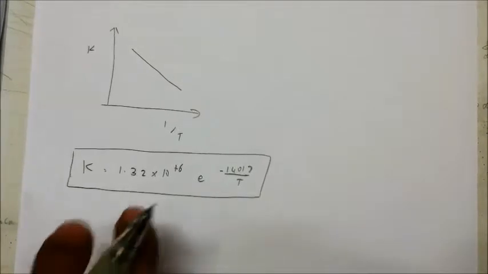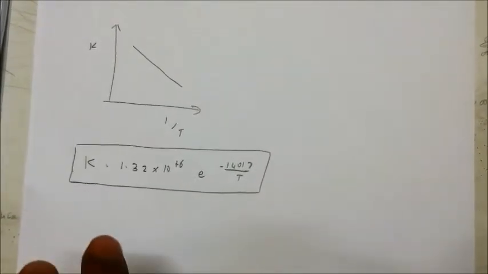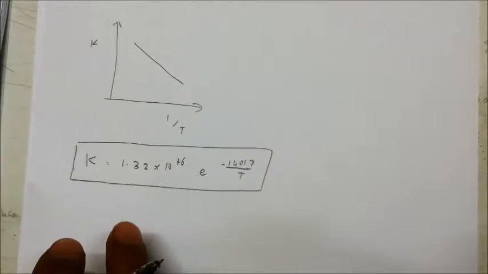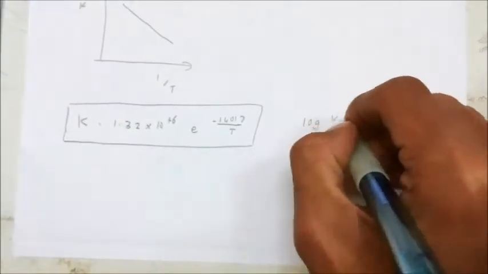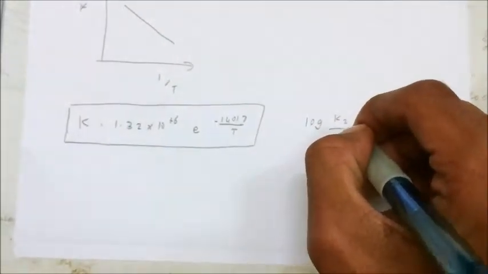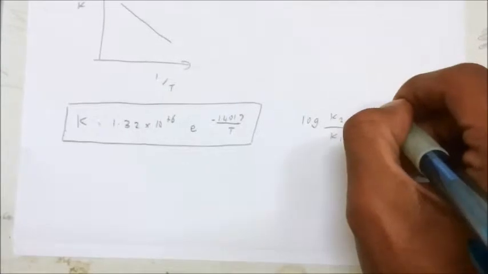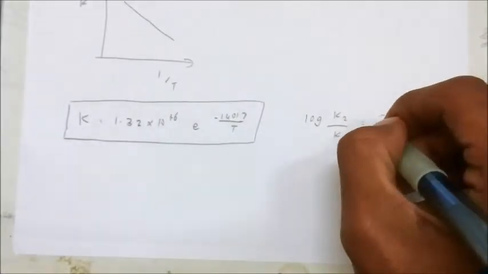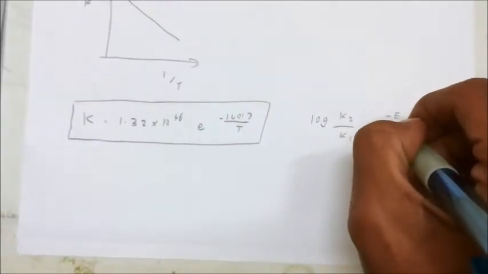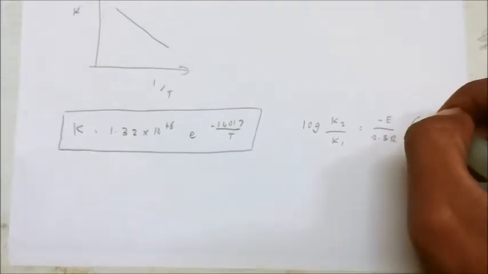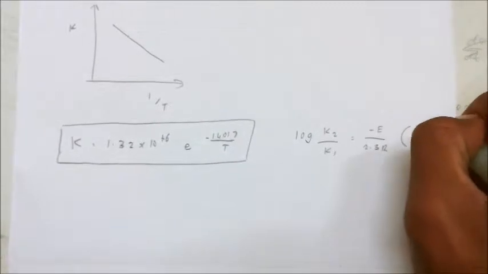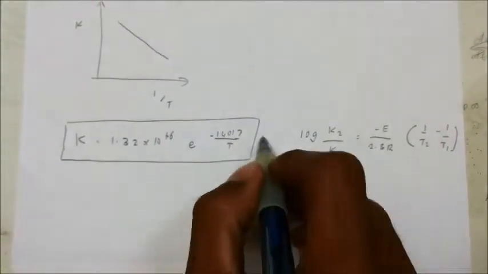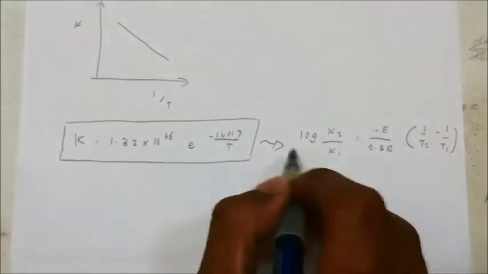From this equation you have to rearrange the equation until you get this form: logarithm of k2 over k1 equals negative E over 2.3R bracket of 1 over T2 minus 1 over T1.